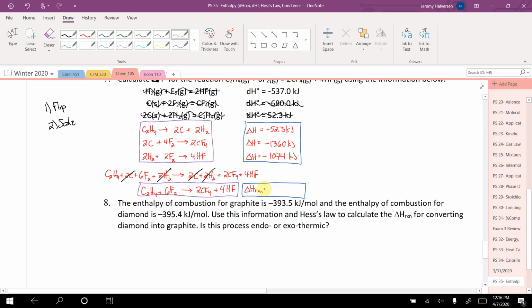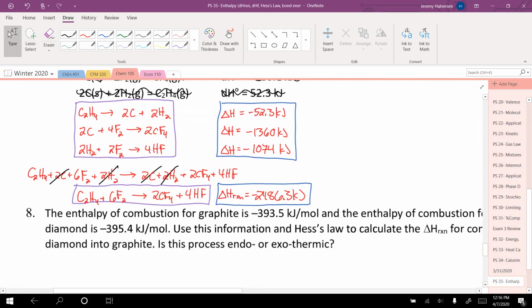And I get negative 2486.3 kilojoules. There you have it. That is how Hess's law works.